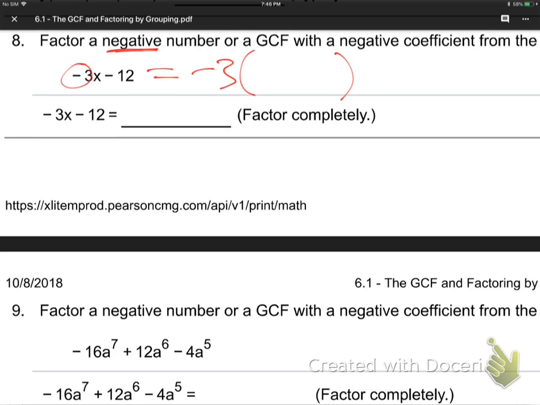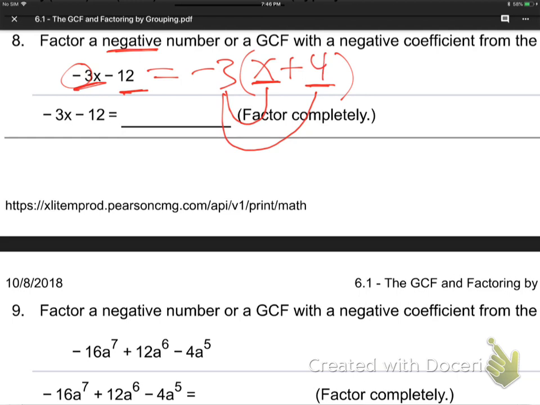X plus 4. Negative 3 times what would go back to negative 3x? Well, that's easy. That's just x. And negative 3 times what would go back to... careful on the sign here now. Negative times what goes back to negative? Positive 4.